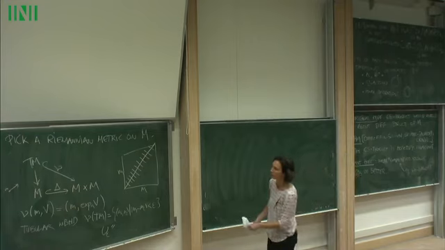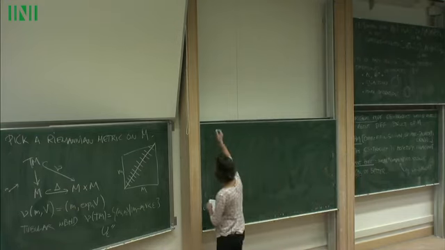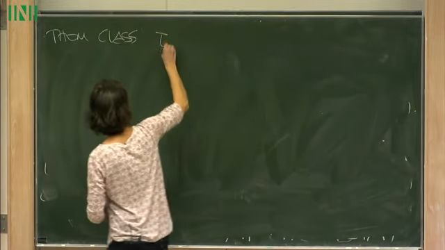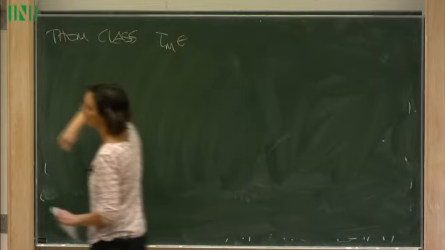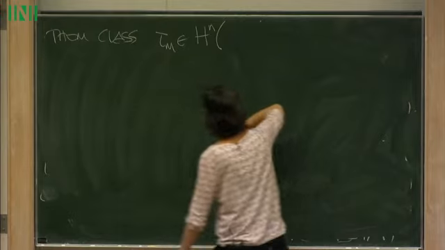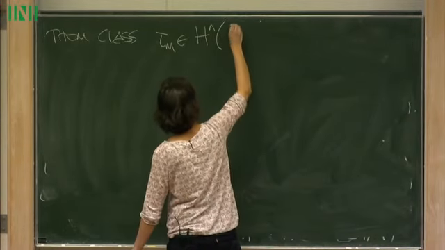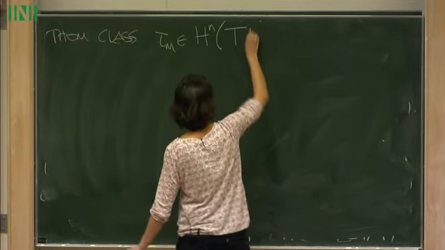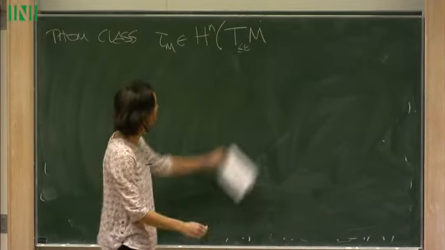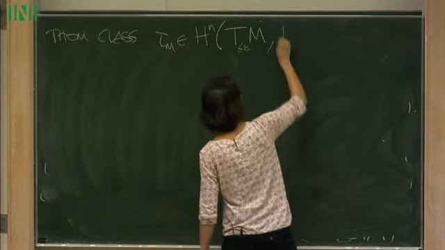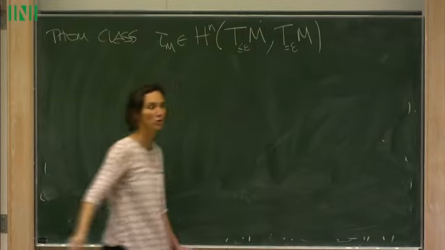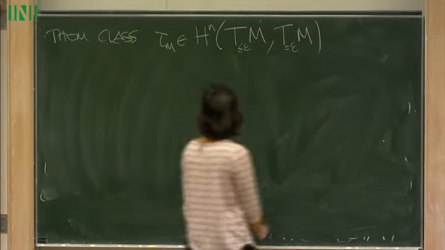So when you have such a bundle, it has a Thom class tau, which, if you think in terms of the bundle, is in H_n of the tangent bundle, vectors of length smaller or equal to epsilon, relative to those of length equal to epsilon, so this bundle modulo the sphere bundle.